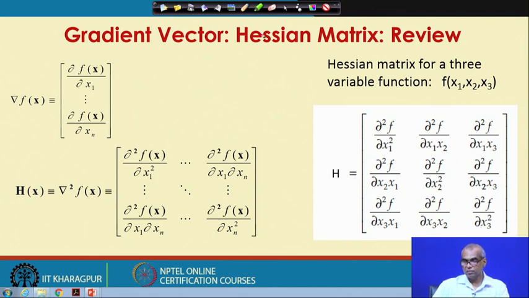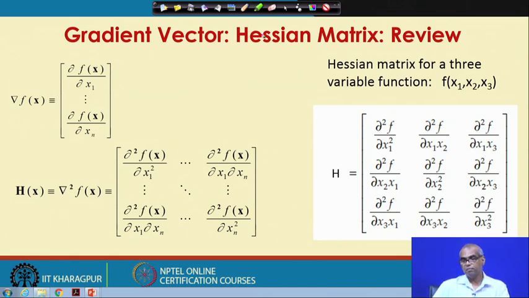Similarly, the Hessian matrix, which is a symmetric matrix, is the second partial derivative of the function.